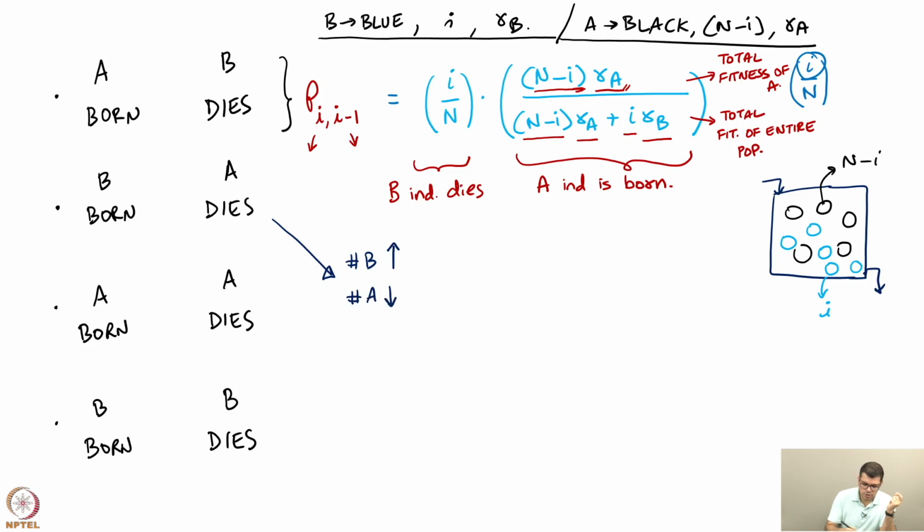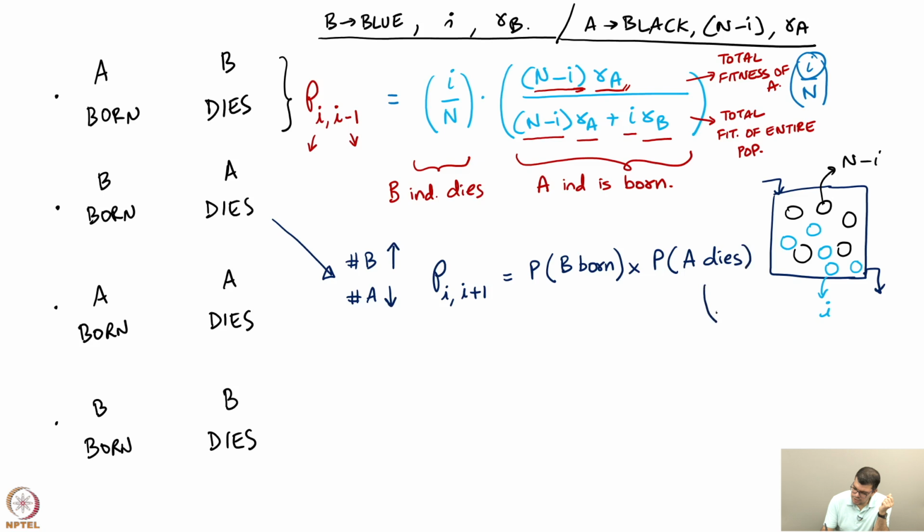Hence, after these two are done, what we are computing is the probability that the system transitions from state I to I plus 1, because after these two happen, the number of B type individuals would have increased by 1, and that's equal to the probability that a B individual is born times the probability that an A individual dies.